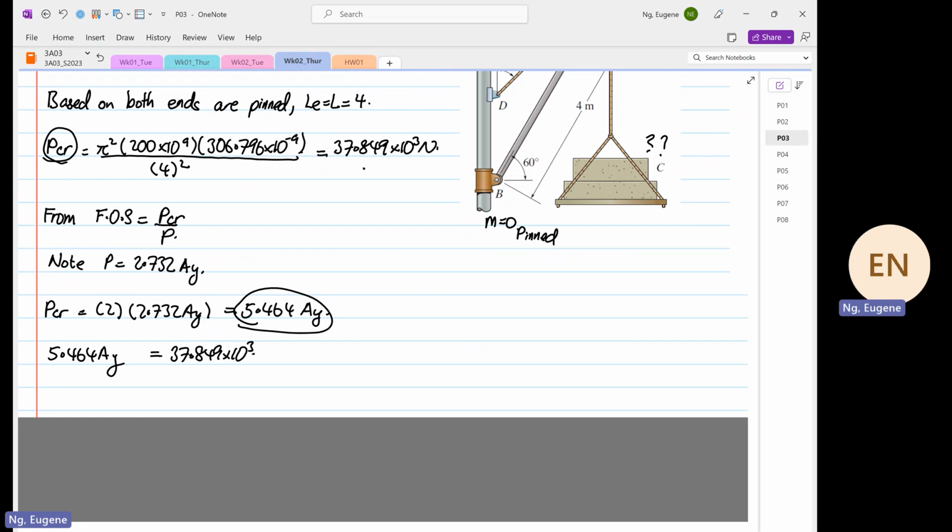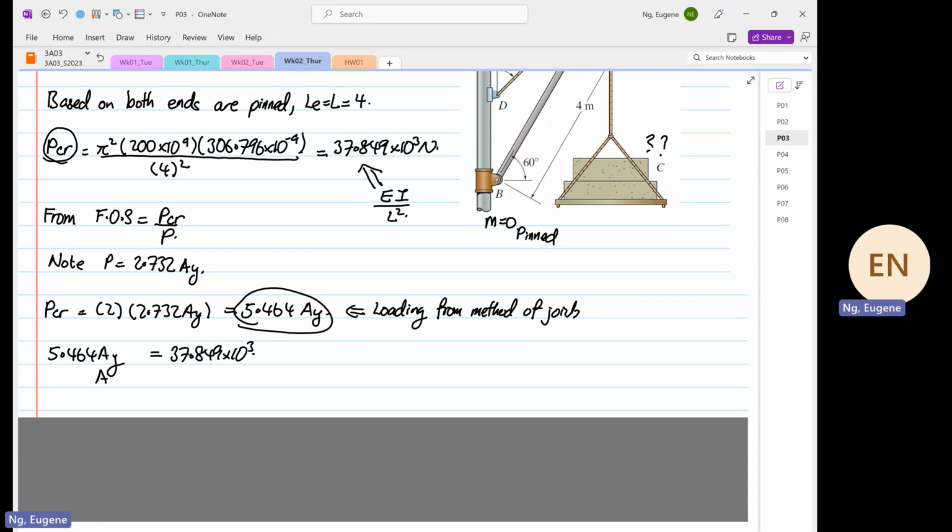This P critical, this relationship, is based on the Young's modulus, is based on the I, and is based on the L squared. Whereas this P critical over here that we calculate is based on the loading, loading from method of joints. Remember, we got these values through method of joints.